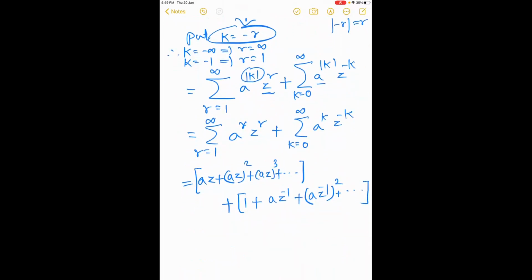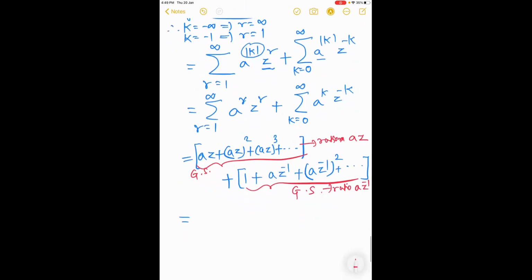Okay. And again, as you can see, both are geometric series. Only the common ratio will be different. So this is an infinite geometric series, and the second is also an infinite geometric series. The first is with common ratio az, and the second is with common ratio az raised to minus 1.